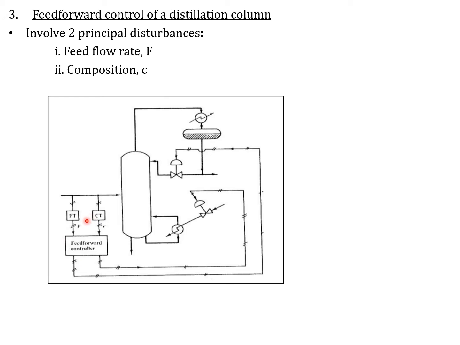If not, it's not possible. Then we act on the steam reboiler valve, or on the reflux system, to cater for the disturbances. The disturbance then does not affect the distillation column much, so we will get whatever output we like for the distillate and the product from the bottoms, by measuring the disturbance and acting on it in the feedforward controller before it affects the whole system dramatically.